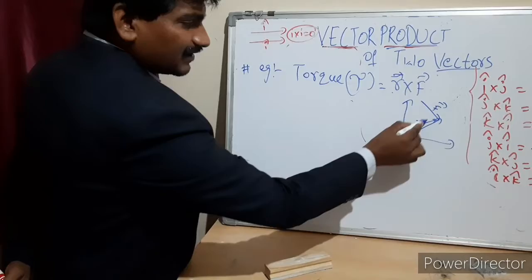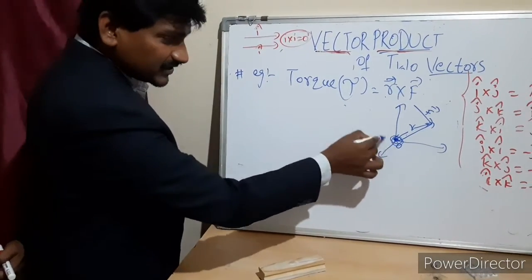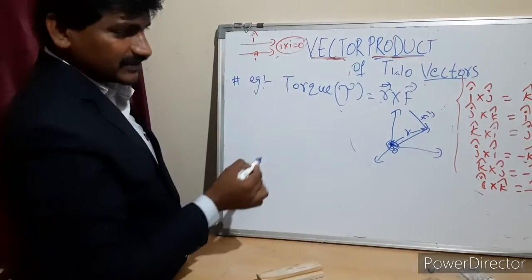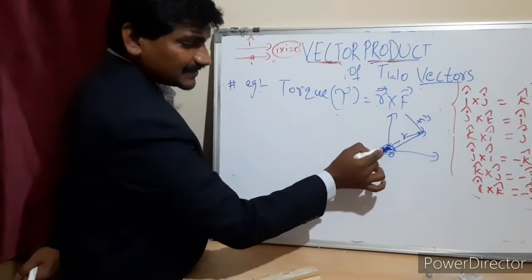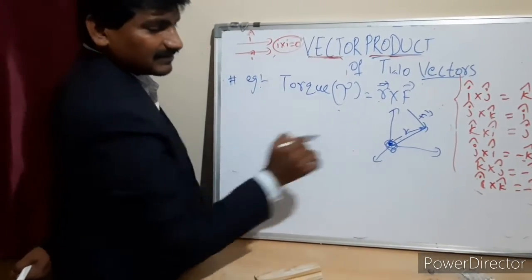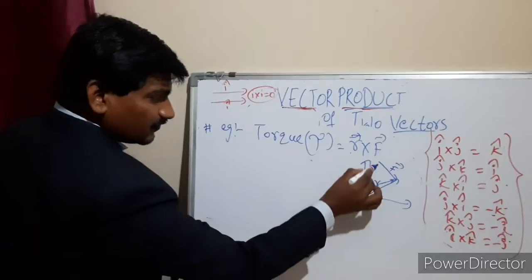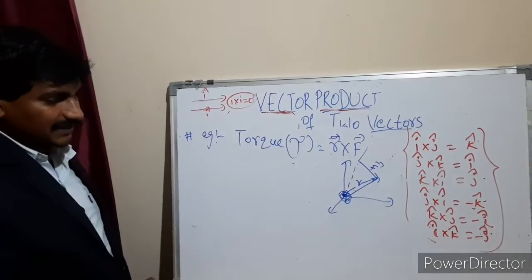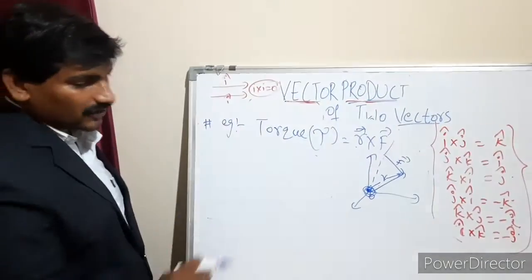So r cross F, then the turning effect or turning force takes place about the origin. These two are in the same plane, and perpendicular to that plane the torque will act. So with respect to this, we will see the force component, but when we are discussing the torque concept, it is clear.